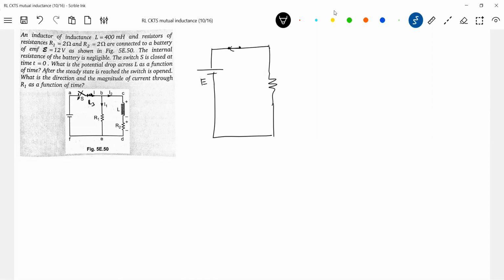Again, why do one more separate problem? I'm introducing one more resistor in the circuit.